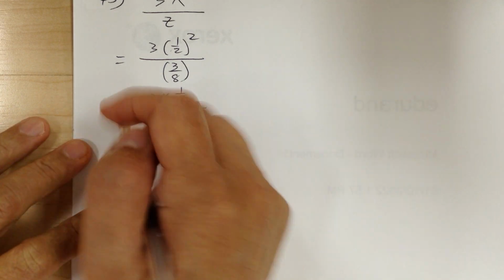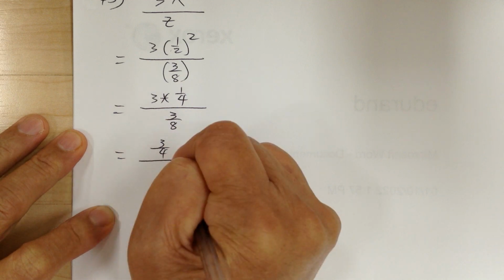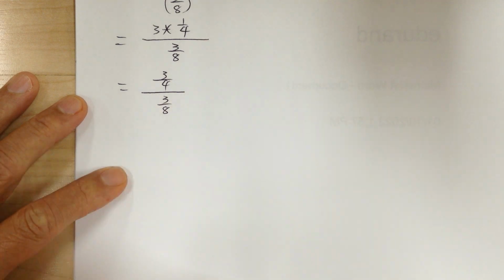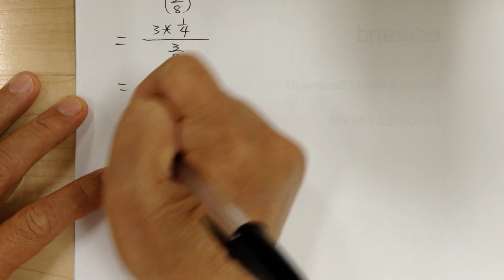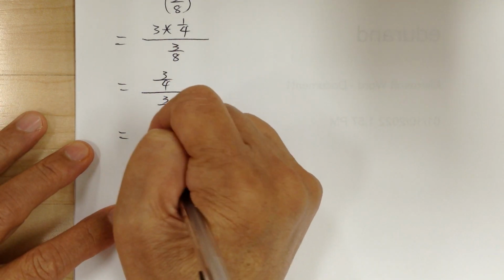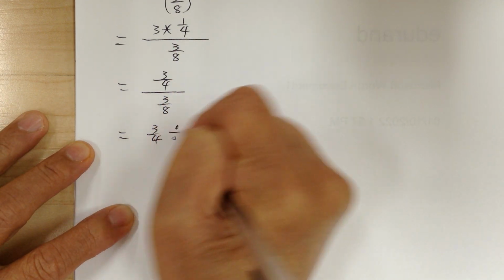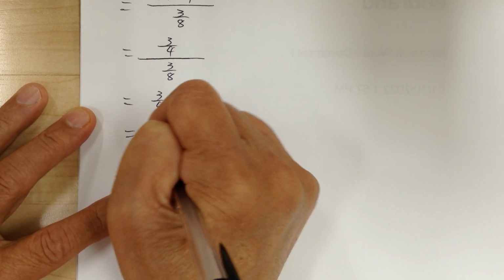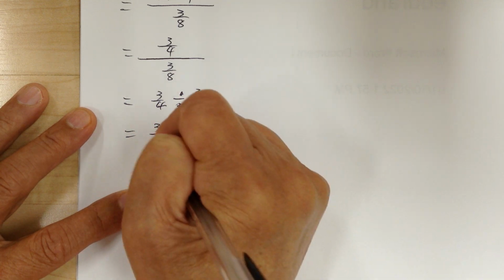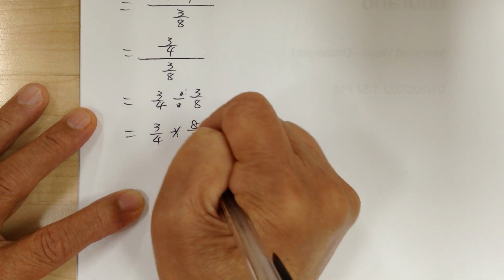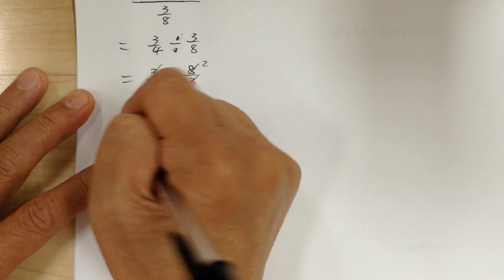After you simplify this part, this is equal to 3/4 divided by 3/8. If you have not learned complex fractions yet, you just do the dividing. Again, this means division. Then you have to do the flipping: change into multiplication and flip it over. Then this cancels out, and this cancels out, so the answer equals 2.